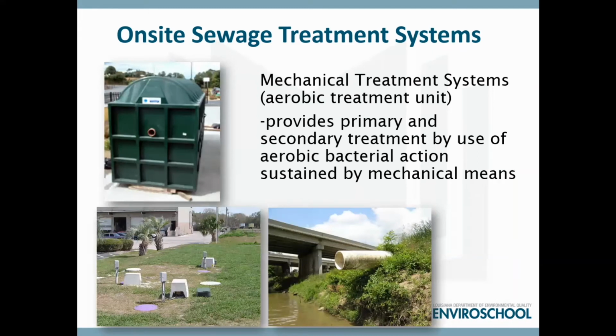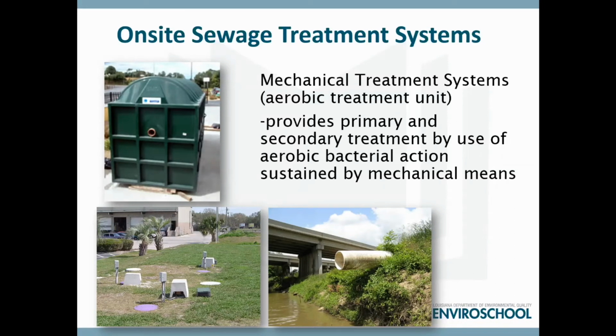But where you can't put one of these in, which is quite frankly a lot of parts of Louisiana, we have to put in what we call a mechanical treatment system. You also will hear it referred to as an aerobic treatment unit or an ATU. And again, it's aerobic because we're providing oxygen through mechanical means. We're doing both the primary and secondary treatment by using aerobic bacterial action.